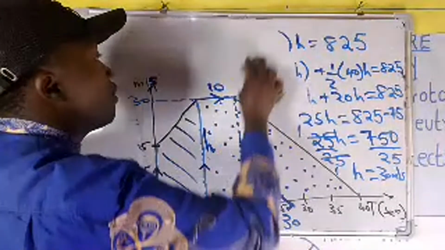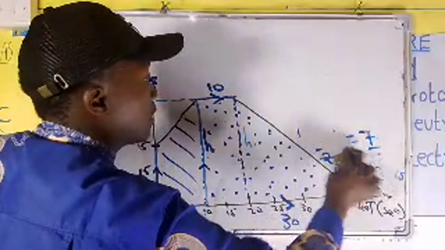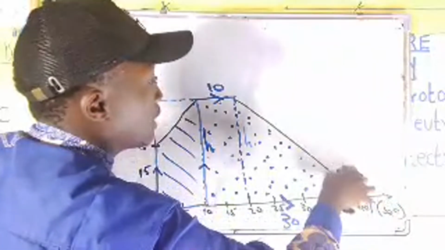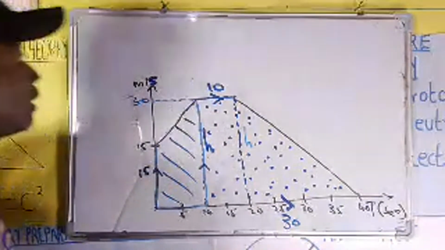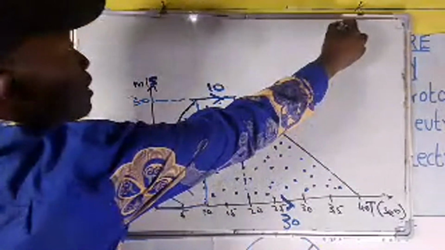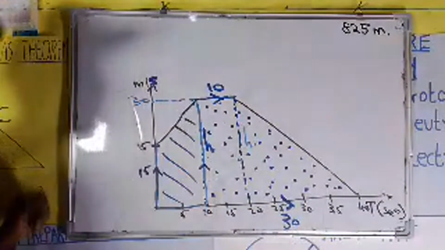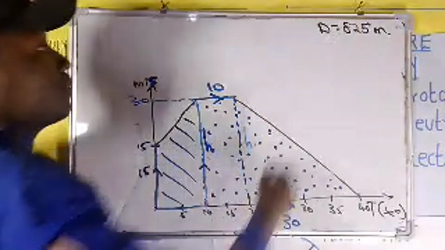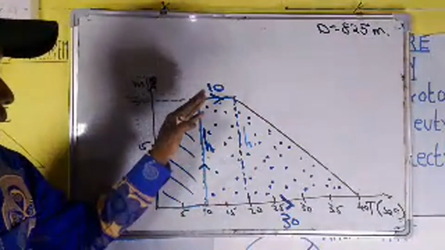So when we were working on velocity and acceleration questions, we didn't come across such, but we said that we are going to do most examinable areas, and I have told you that the whole distance here is 825 meters. That is the distance that the cheetah covered, and we said the distance is the area bounded under the graph.